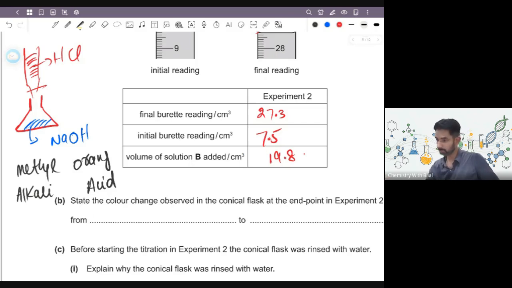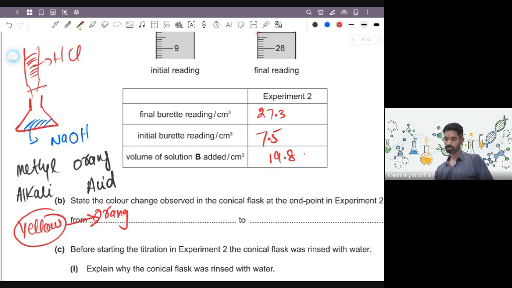So alkaline ने बेटा ये जो NaOH होता है, I mean methyl orange, it is yellow in alkaline solution, and as I mentioned, it is orange in acid. So हम लिखेंगे from yellow to orange.